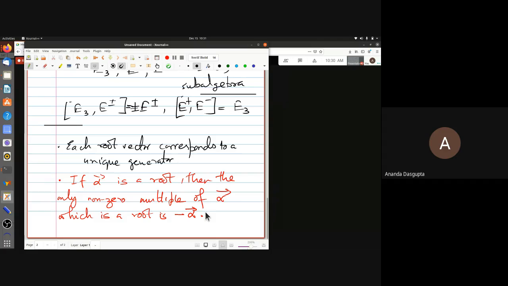Okay, so that's already a huge restriction. Again, I hope everybody remembers the proof.